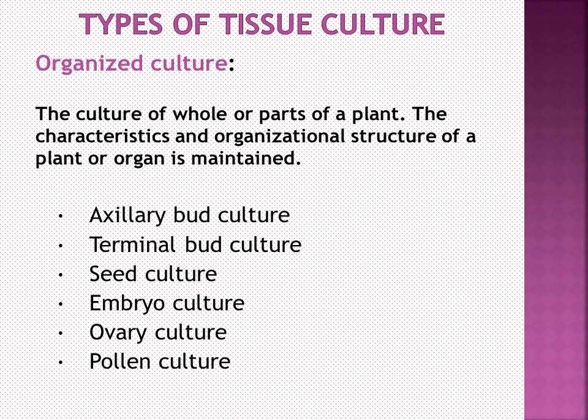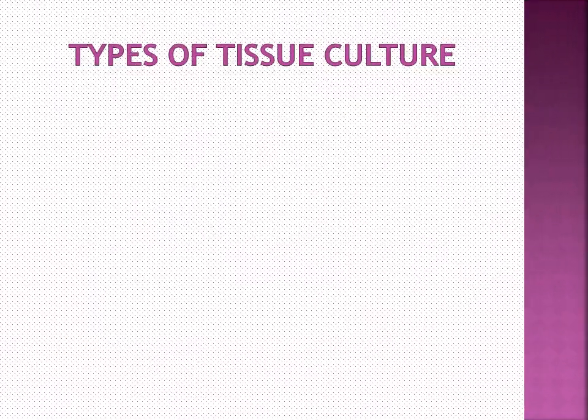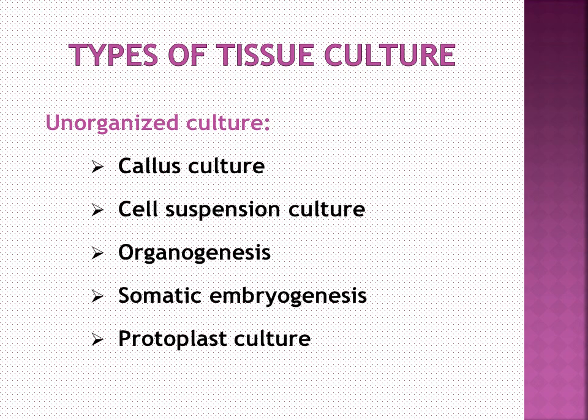Examples are axillary bud culture, terminal bud culture, seed culture, embryo culture, ovary culture, and pollen culture. Coming to unorganized culture, there are different examples: callus culture, cell suspension culture, organogenesis, somatic embryogenesis, protoplast culture, etc. Let's see each one in detail.